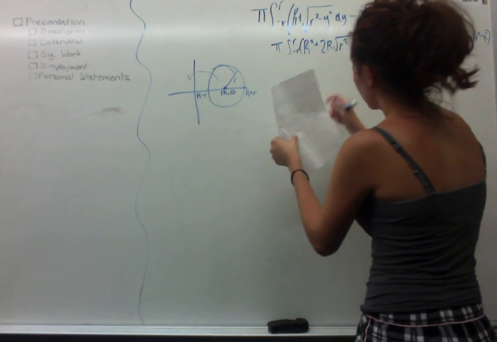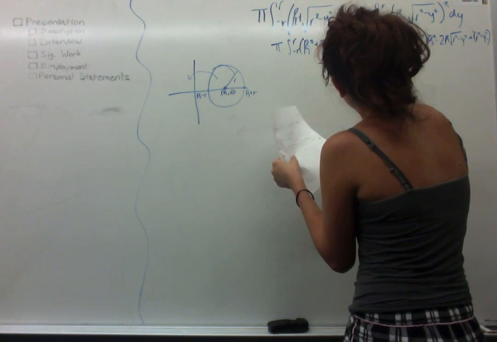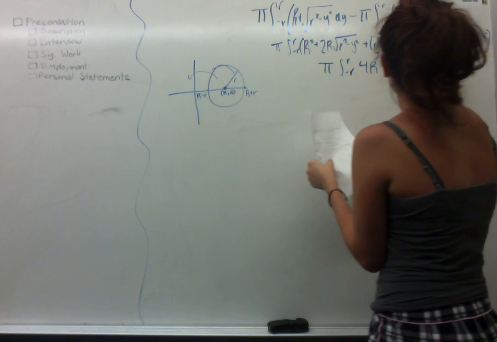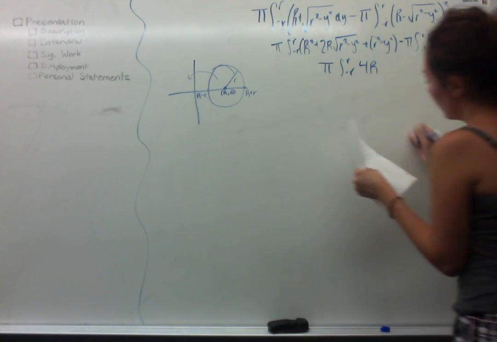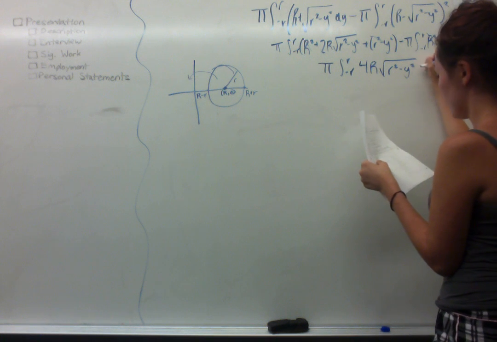So you're going to be able to simplify this down to pi, integral from negative r to r, of 4R, which is 2R plus the 2R, times the square root of r squared minus y squared dy.